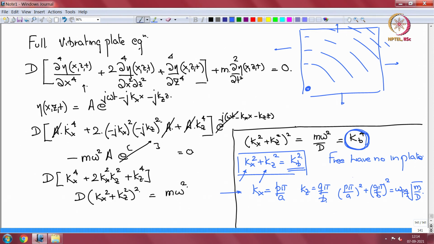So this is the equation for pqth mode resonance in a simply supported plate. So we will see the meeting point of these two equations. Okay, so let us see now.